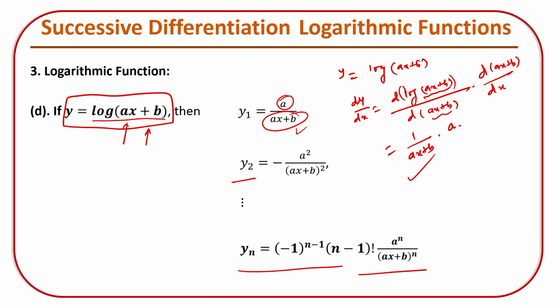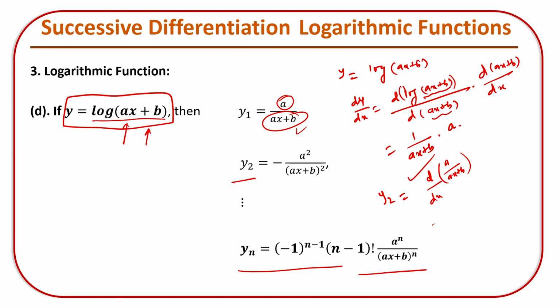Okay, so let me find out y2 first. So d by dx for a divided by ax plus b, a is the constant, so I have to find out 1 divided by ax plus b. We already have this formula for 1 by x, either you can use the formula directly, or you remember that 1 by x is differentiable.